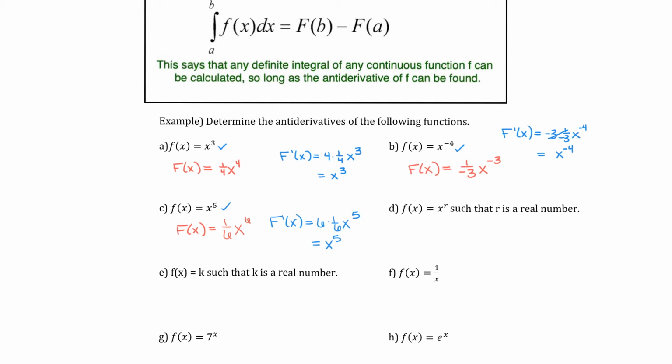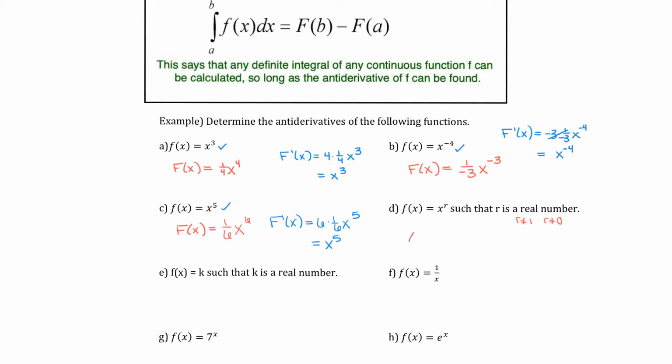So now that you have done these 3 examples, I want you to think about what if you have f of x equals x to the r, such that r is some real number, and I'm going to say r is not equal to 1, r is not equal to 0. So some real number, not 1 or not 0.